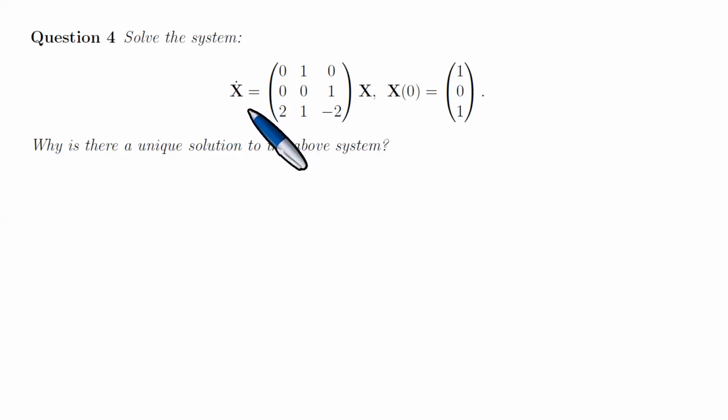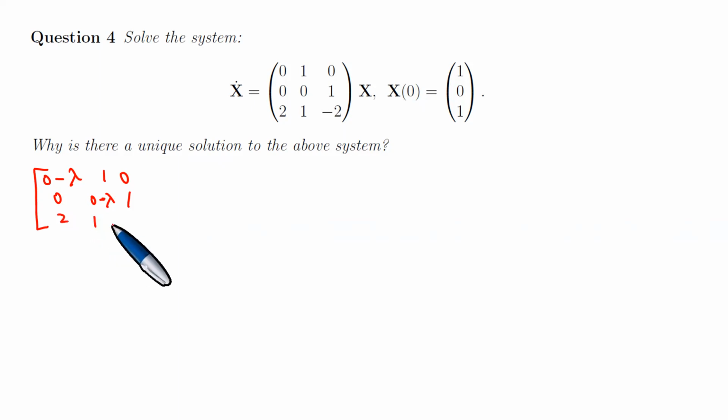So to solve this one now, what we do is we take this matrix here and we say 0 minus lambda, 1, 0, 0, 0 minus lambda, 1, 2, 1, minus 2 minus lambda.